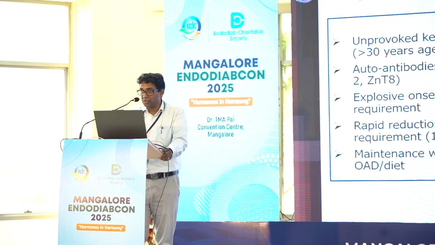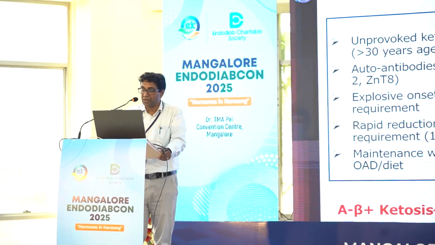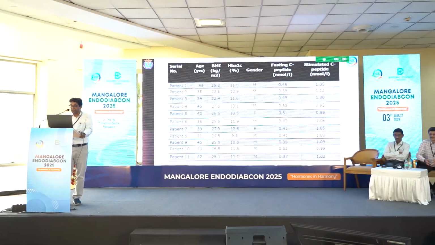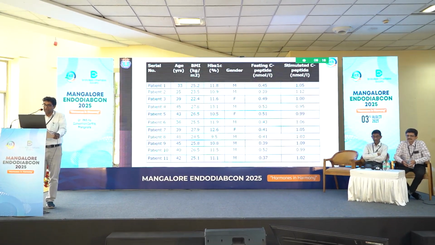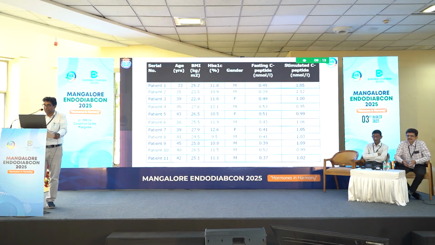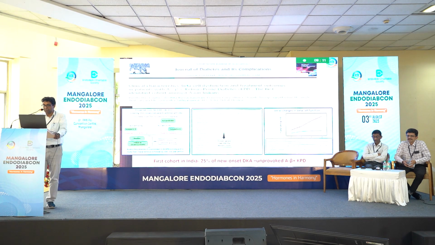We subsequently looked at our data and found, over a period of 1 year, 11 such patients who presented with DKA, and gradually the DKA resolved with a recovery in the C-peptide level.